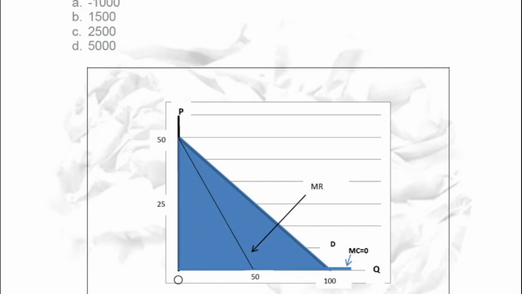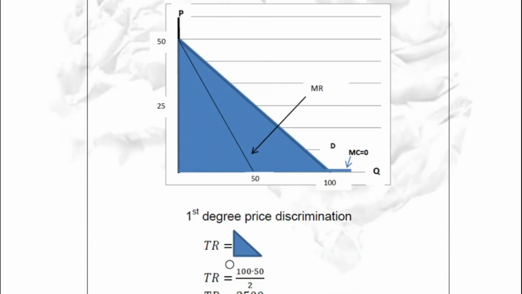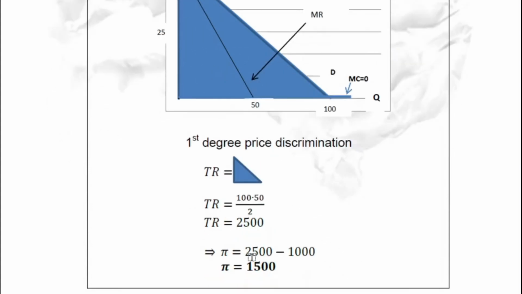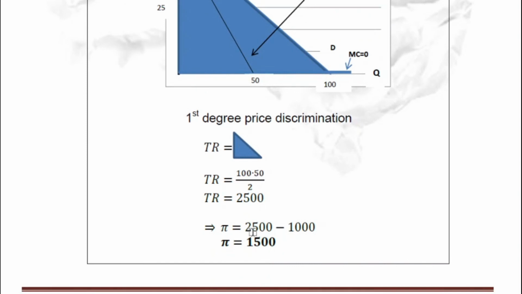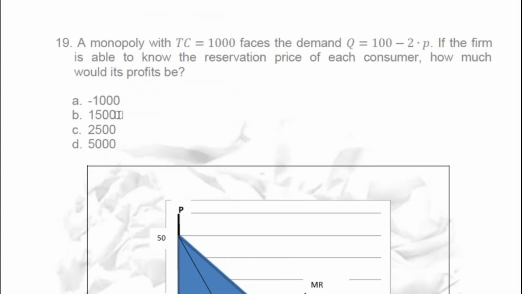So 100 times 50 divided by 2, 2500. These are the revenues. Now the profits: 2500 minus 1000 is 1500.